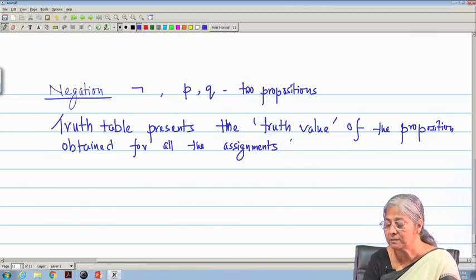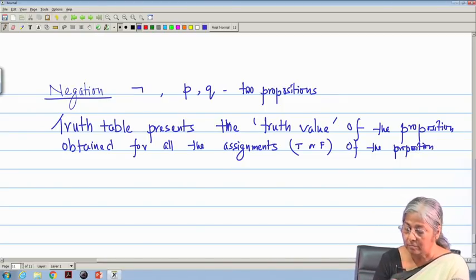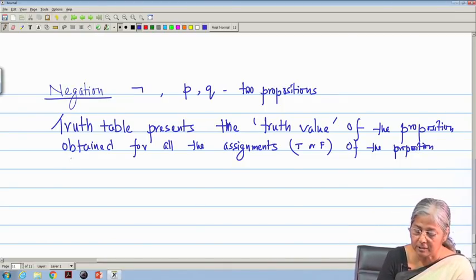Here assignments means either true or false of the proposition or primitive proposition, in this case P and Q.